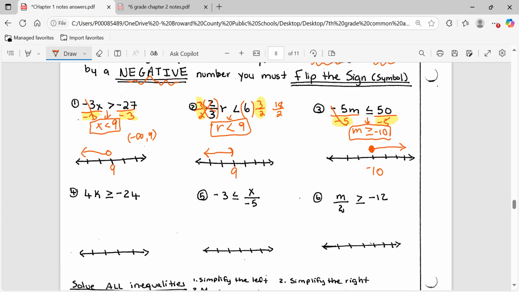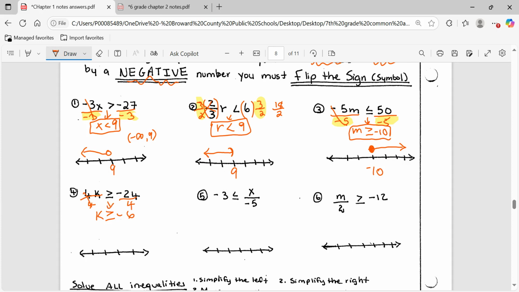Let's try number 4. For number 4, I see that 4k is greater than or equal to negative 24. In order to get k by itself, I'm going to divide both sides by 4 so that k is greater than or equal to negative 6. Did I flip the sign?